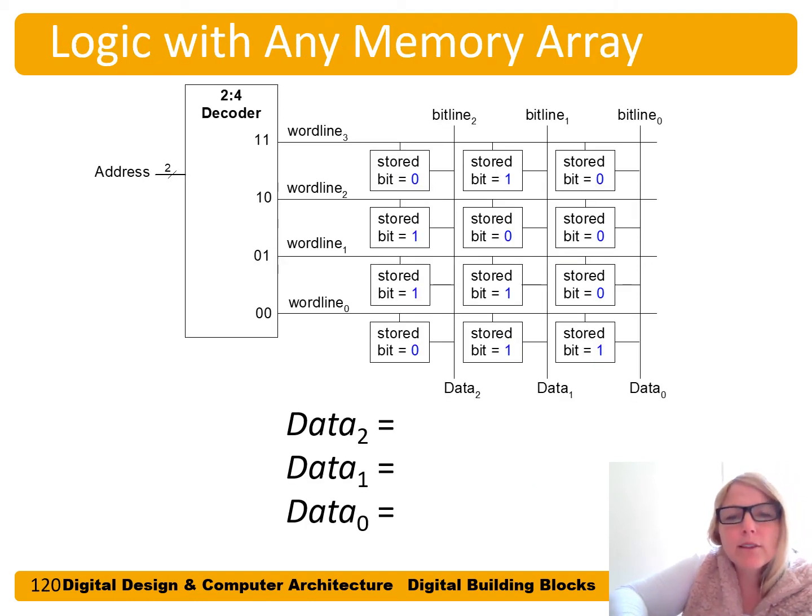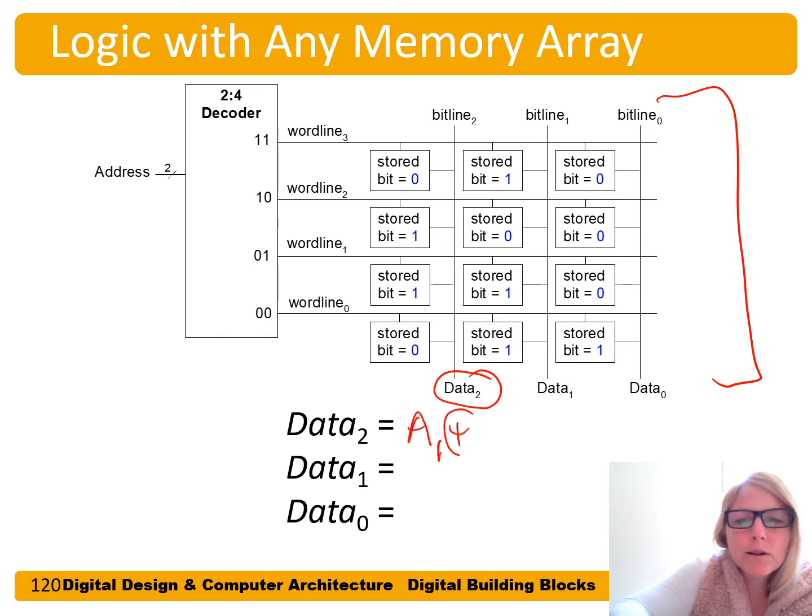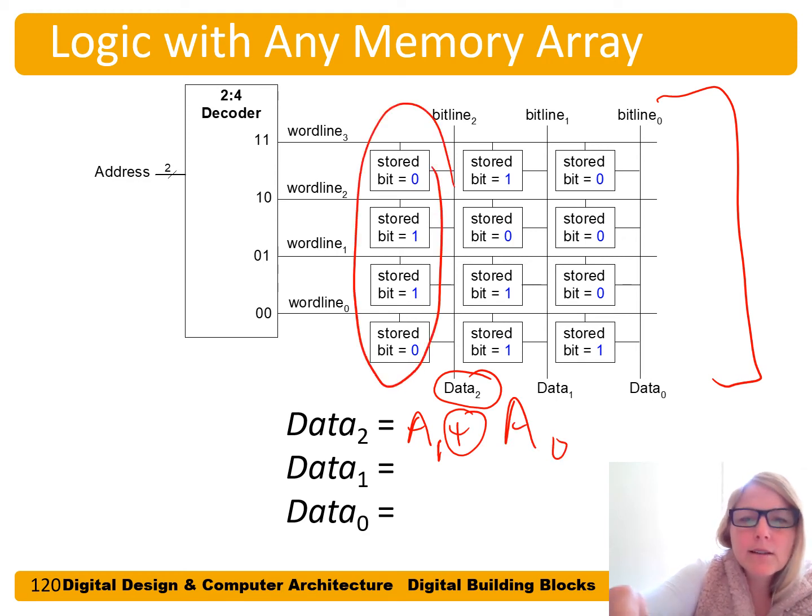So we can look at this and ask, what functions does this memory array perform? Well, data sub 2 is performing A sub 1 XOR A sub 0. Look at that function. Data sub 1 is the same as we had before, performing A sub 1 or A sub 0 bar.